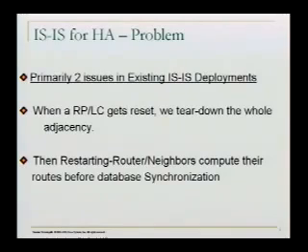This event will trigger the LSP generation, and then we get into flooding, and then the SPF computation, and also possible flapping because of the routing table. So this is obviously undesirable from a non-stop forwarding point of view.